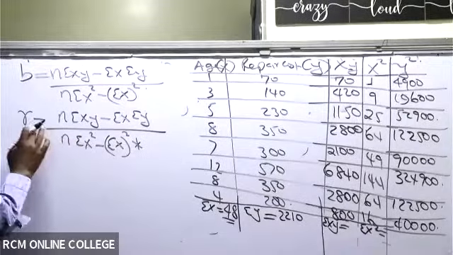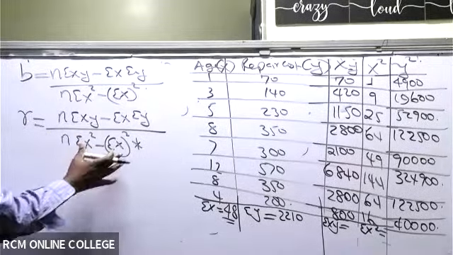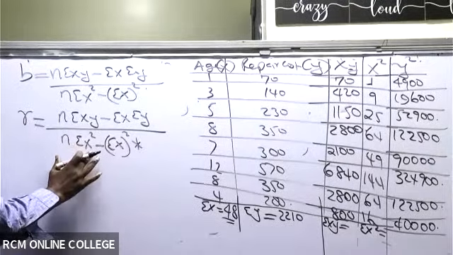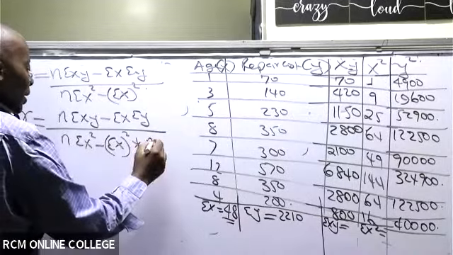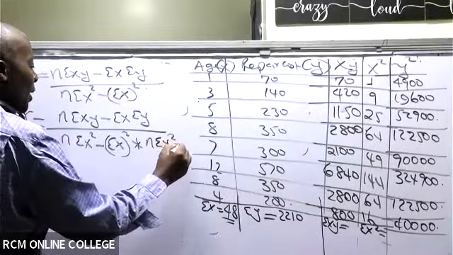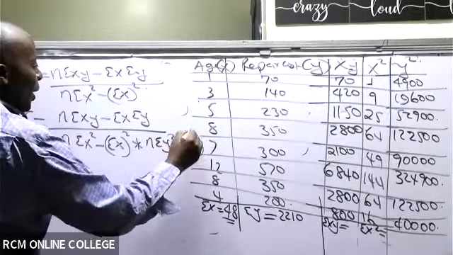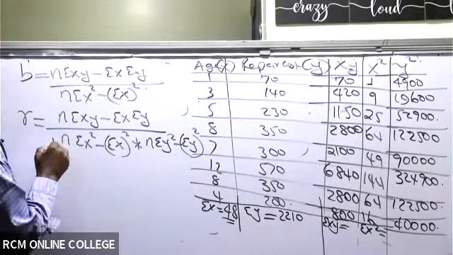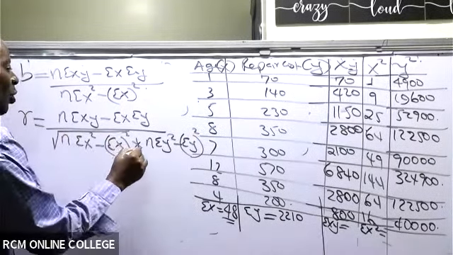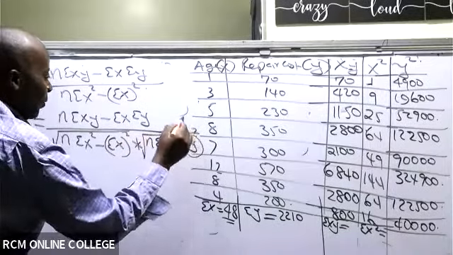The same style because you are correlating two. So it becomes n summations of y squared minus sum of y, squared. And then, of course, you put either one square root or you put these under their respective square roots.